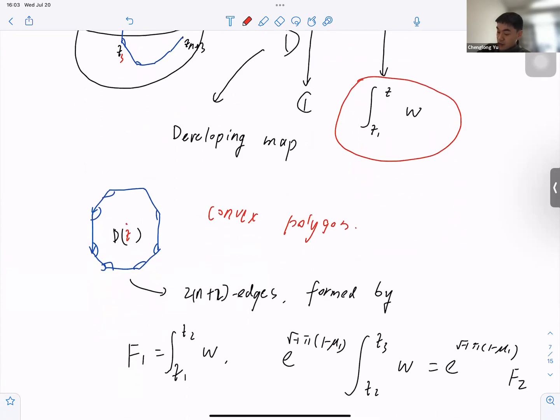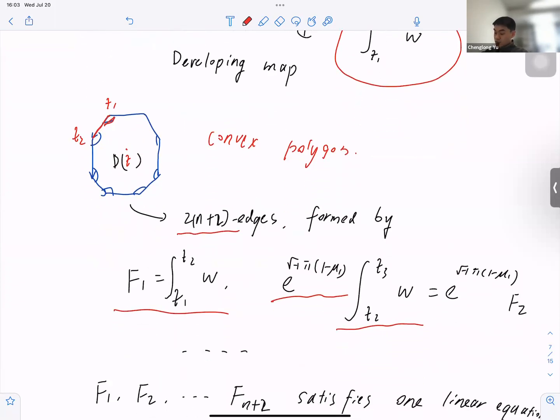The angles are related to the mu I we're choosing. It has 2 times n plus 2 edges, and those edges will be some complex numbers. For example, the first edge is just the integration of this omega from Z1 to Z2. And for the second edge, you need to rotate by the corresponding angle and then do the integration. That's the complex coordinate for the second edge.